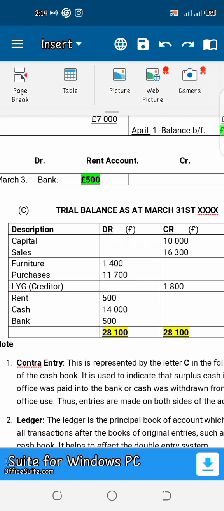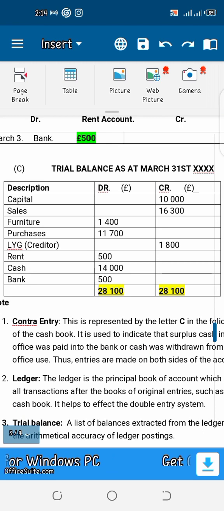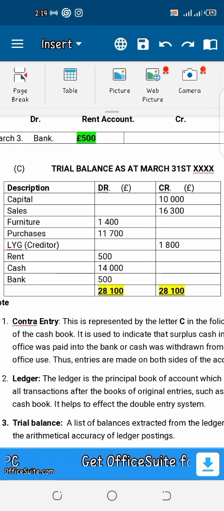And then we also have what is called the balance sheet. So with the trial balance, we can prepare a trading account, or what is called profit and loss account, which is also now known as income statement. And after that, the balance sheet can also be prepared with the use of the information found in the trial balance.